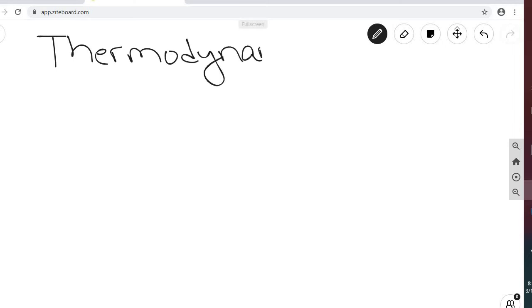Hi everyone. We're going to start chapter 14 in chemistry today, and this chapter deals with the topic of thermodynamics. We started some of this in the last chapter, and we'll continue discussing principles of thermodynamics in chemistry in this chapter.